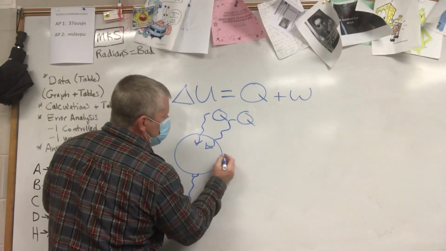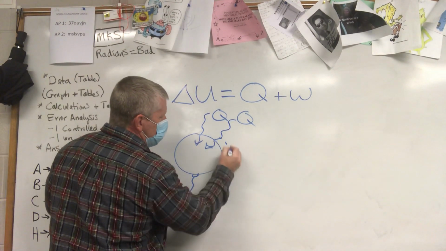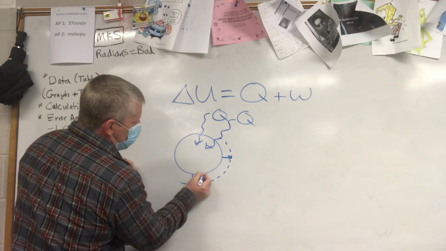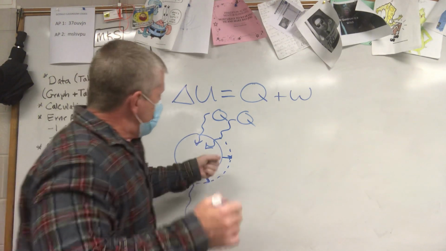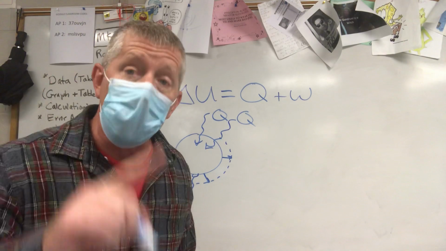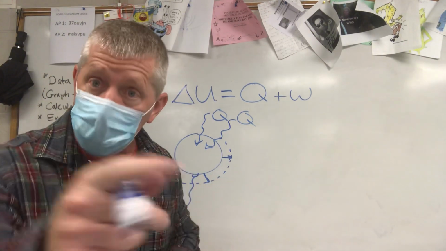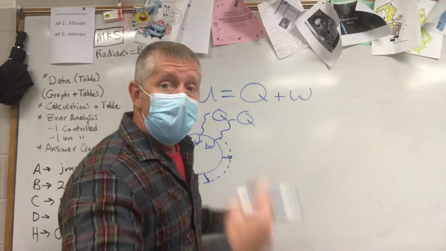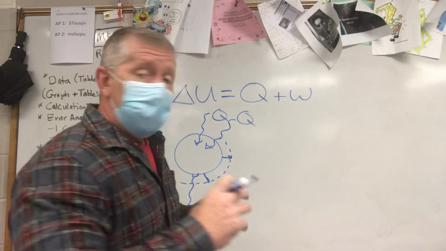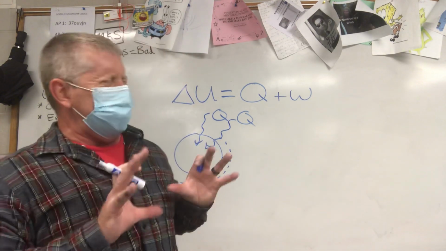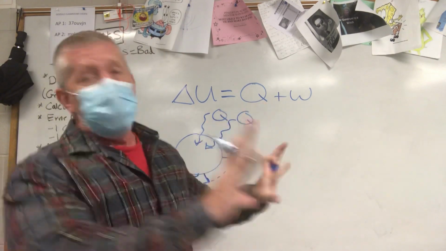So if the balloon begins to expand, get bigger, there's our volume change of the balloon. The balloon is doing work on the environment, because there's a volume change. The environment's being pushed against, the balloon pushing on the outside.